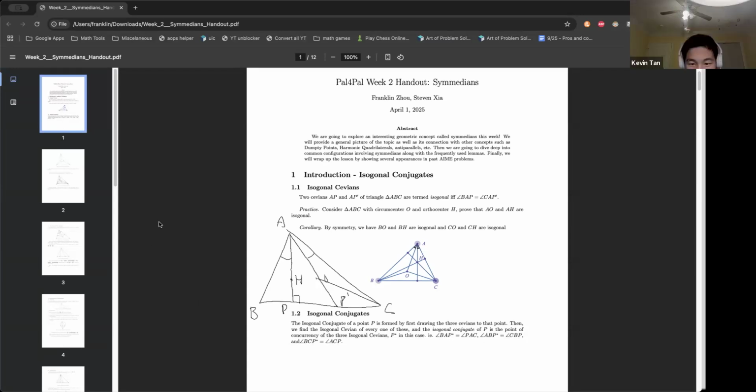Wait, hold on. Basically, what we're trying to show is that angles BAH and CAO are the same. Can anyone tell me the angle BAH in terms of any other angles in this triangle? We know that this is a right angle, so we can use that to our advantage.